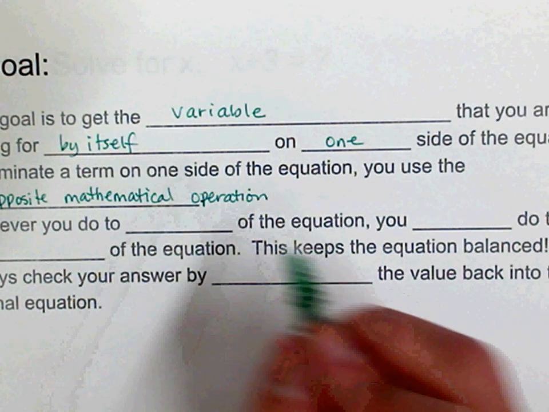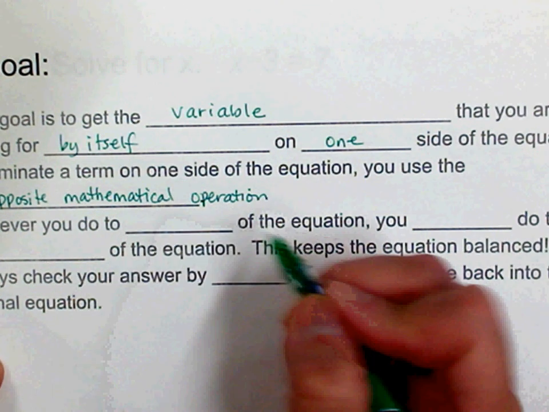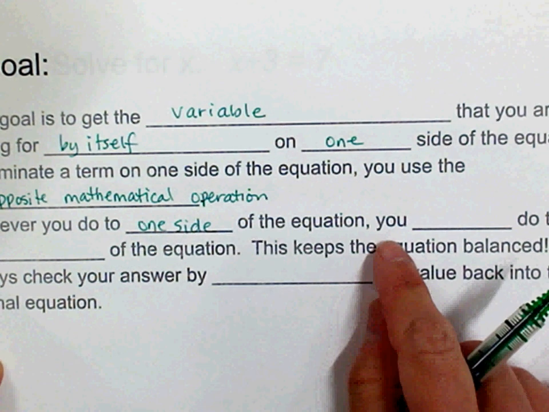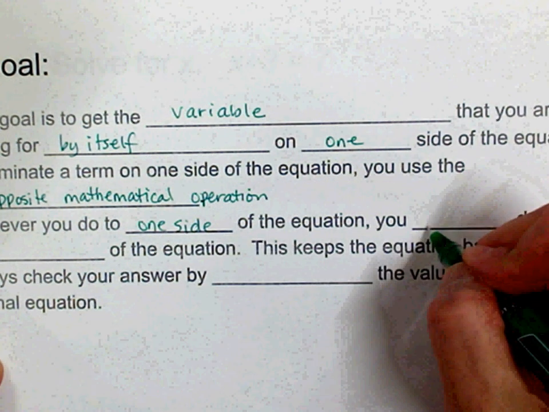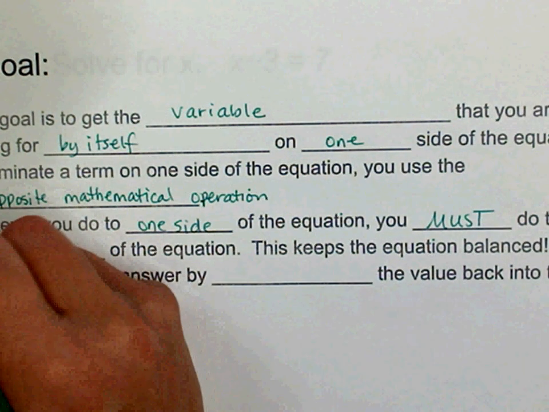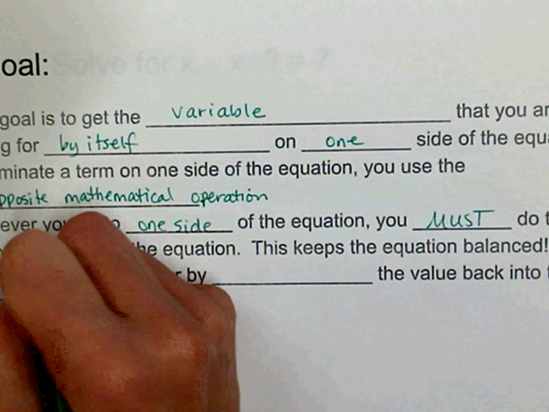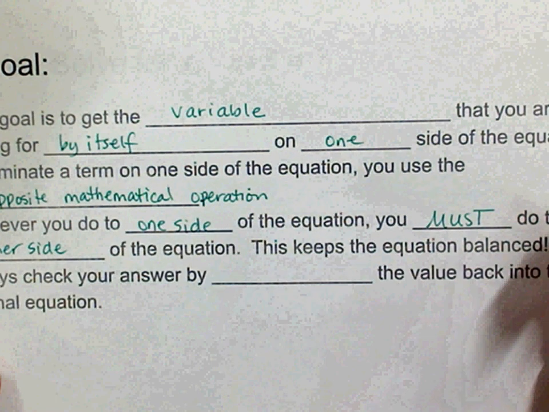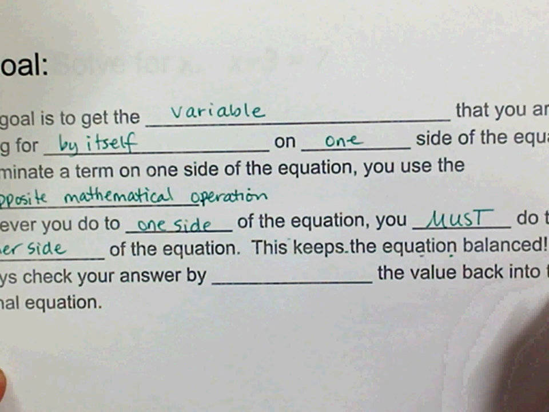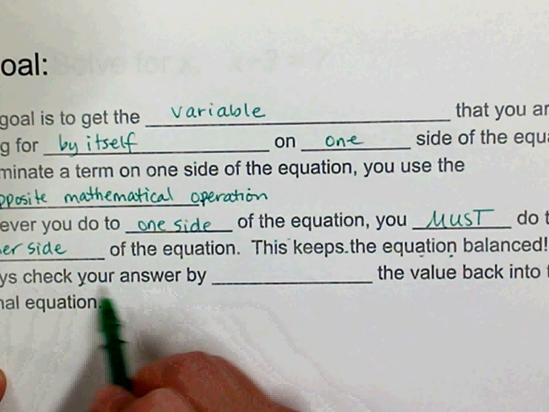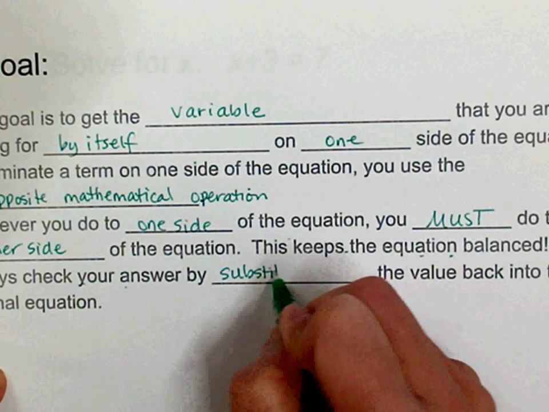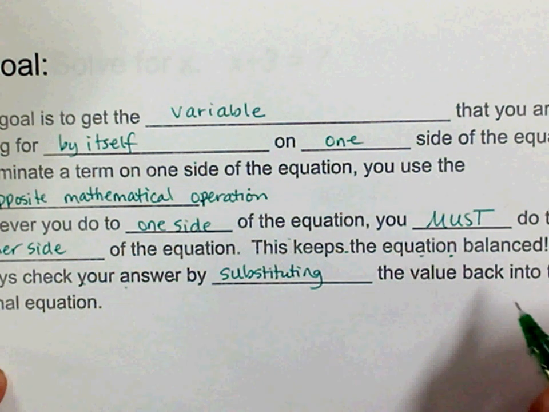Whatever you do to one side of the equation, you must do to the other side of the equation. This keeps the equation balanced. That means they're equal, okay? Always check your answer by substituting the value back into the original equation.